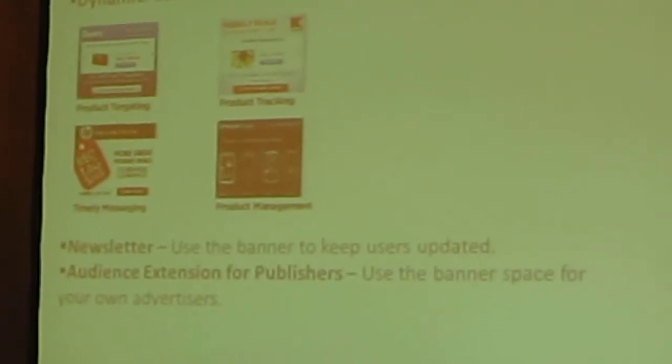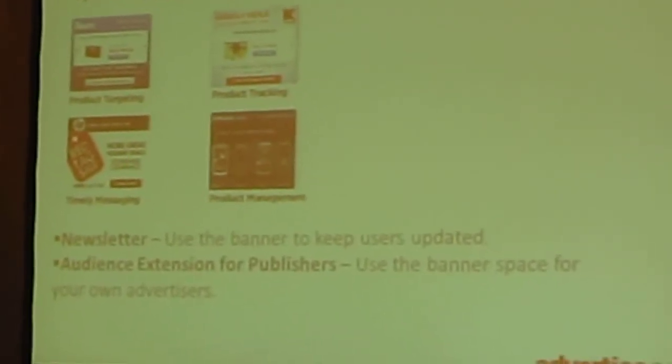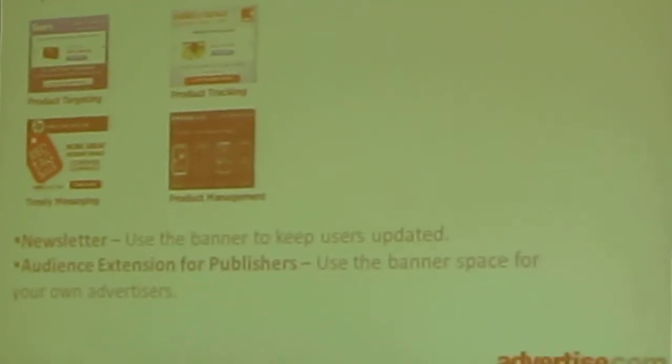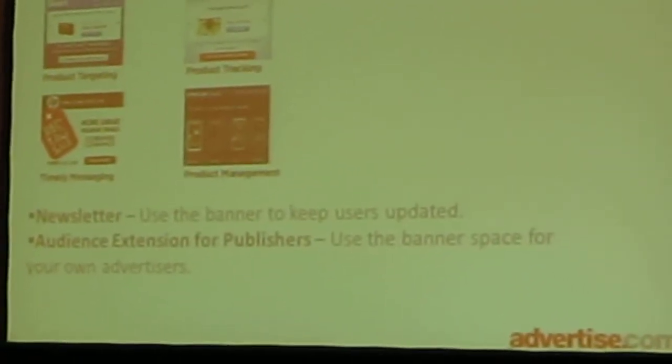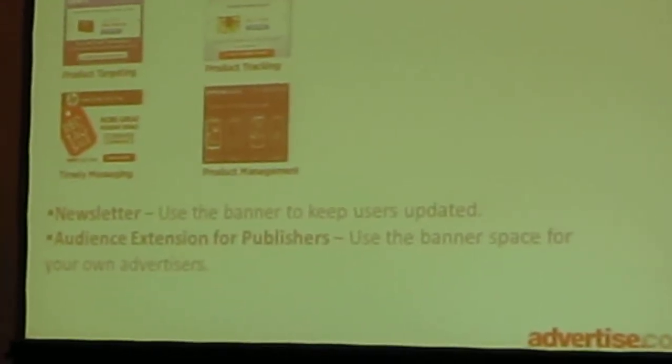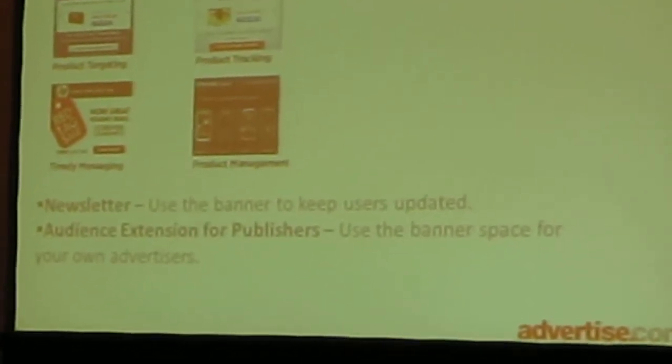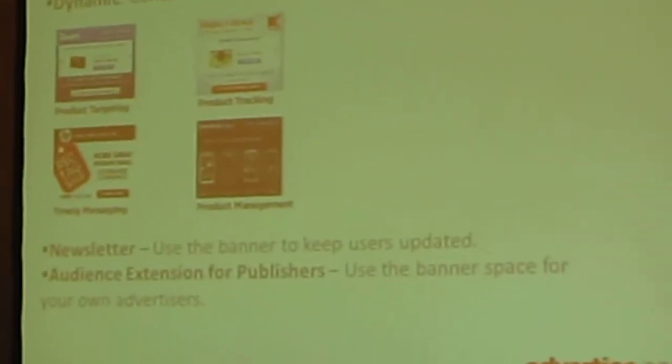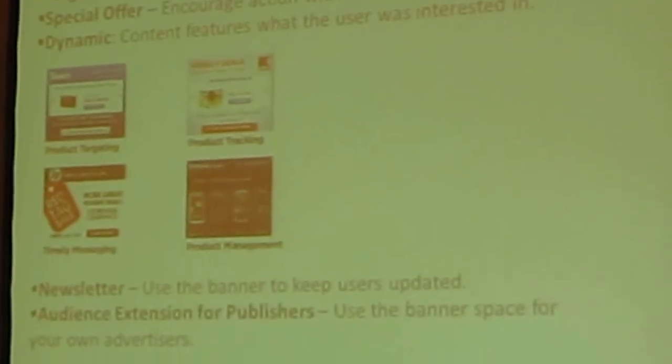You could utilize remarketing as a newsletter, messaging users about a fall special, fall promotion that's going on, or different types of offerings or news and events that are happening at your website. You can also do audience extension. If you resell traffic on your website and you have a finite amount of inventory, you can advertise for your customers across the internet using these cookies that you've dropped.